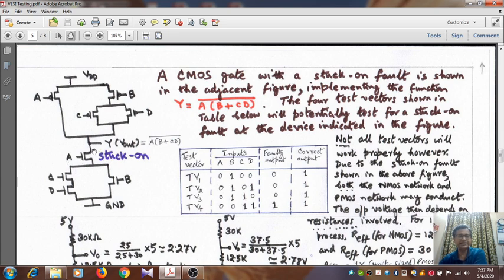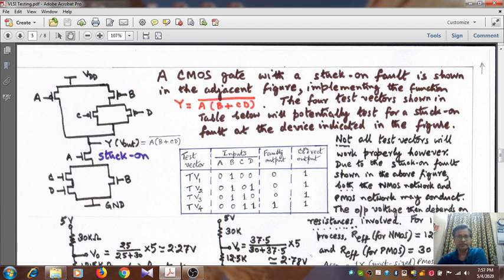Ordinarily the channel should not exist, but if you apply the gate voltage logic 0, still a channel is somehow existing, so that means we get a wrong result.